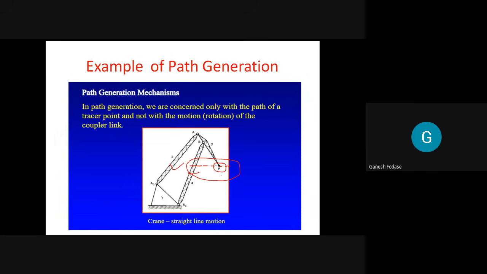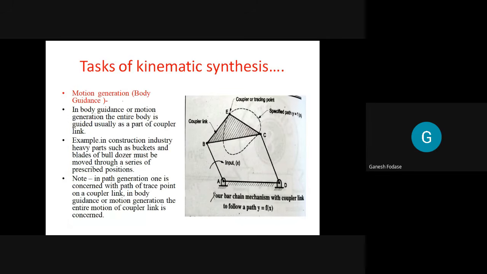So I talked about function generation, I talked about path generation, and next we'll discuss the last type, that is motion generation. In path generation, we are interested in motion of a point on any one link. But in motion generation, generally a body is guided, the entire body is guided, usually as a part of a coupler link.